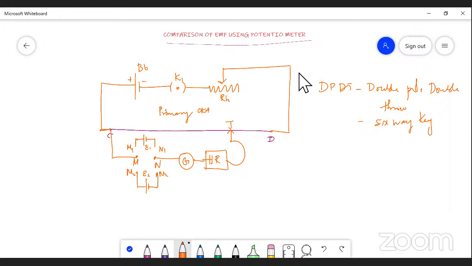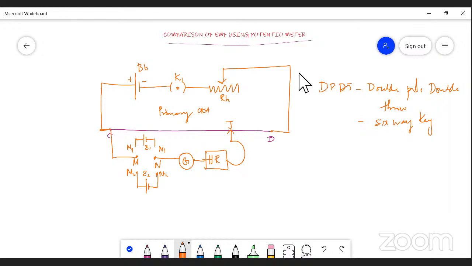This forms the primary circuit, and the secondary circuit is constructed using a six-way key, a galvanometer and high resistance, and then jockey. The terminal M of the six-way key is connected to the terminal C of the potentiometer wire, and the terminal N of the six-way key is connected to the jockey J through a galvanometer and a high resistance.